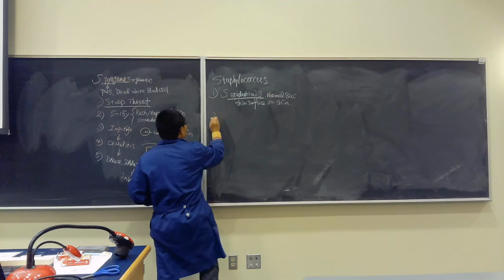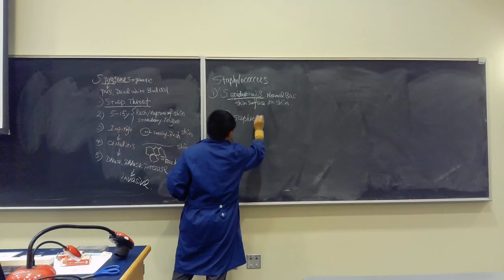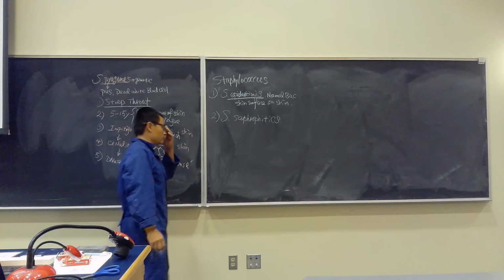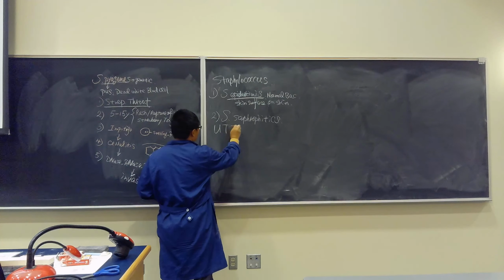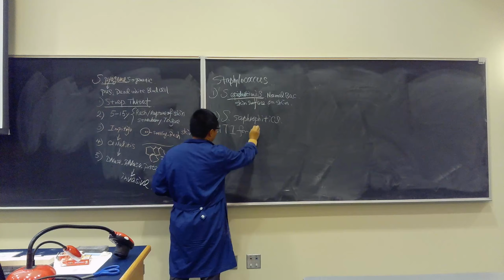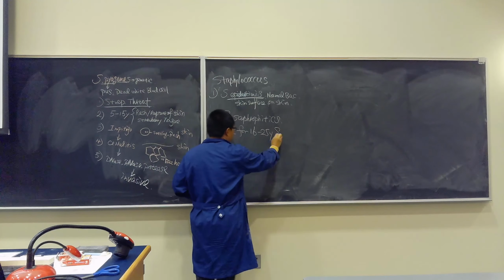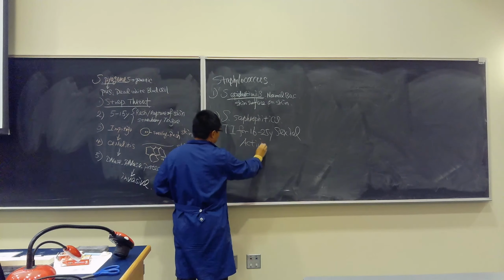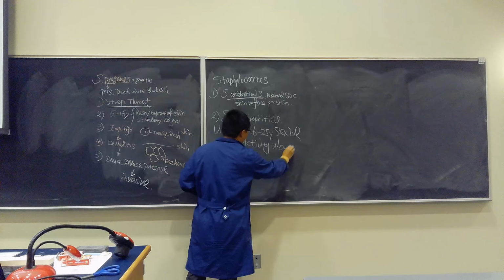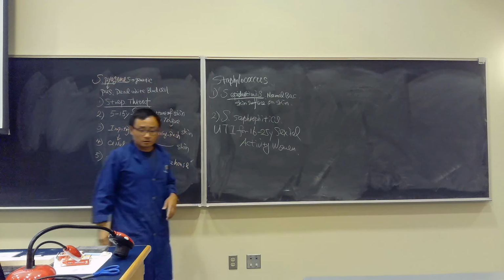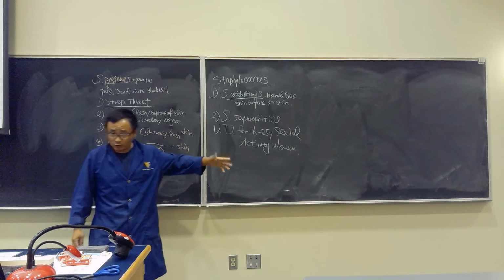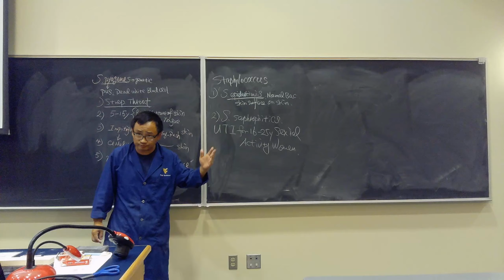Second one, Staphylococcus saprophyticus. This bacteria will cause UTI for 16 to 25-year-old sexually active women. So what happens? There's a college kid, for example, who one day has body pain and goes to see a doctor.